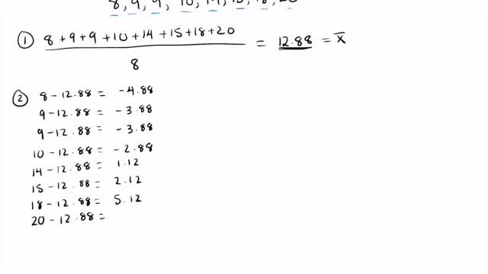And 20 minus 12.88 gives me 7.12. So that was step 2, subtracting the mean from each data term.